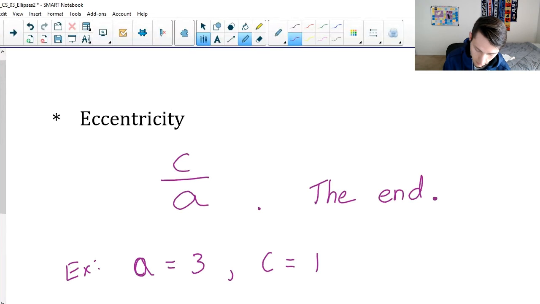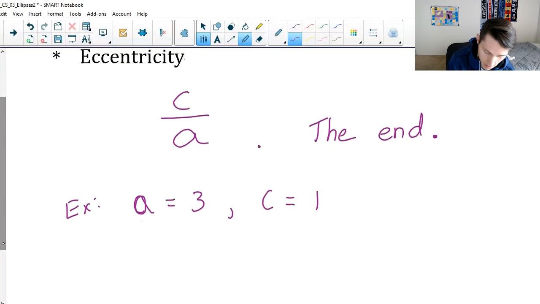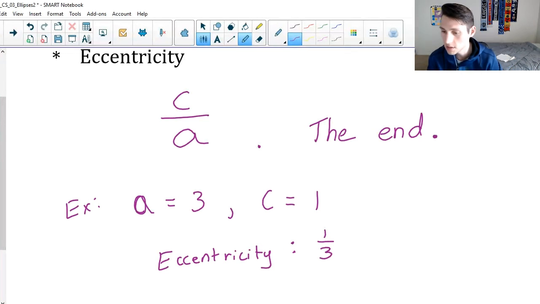Okay, or, yeah, let's just say that. So then the eccentricity is 1/3. So we would just say the ellipse has an eccentricity of 1/3. Right? That's all it is.